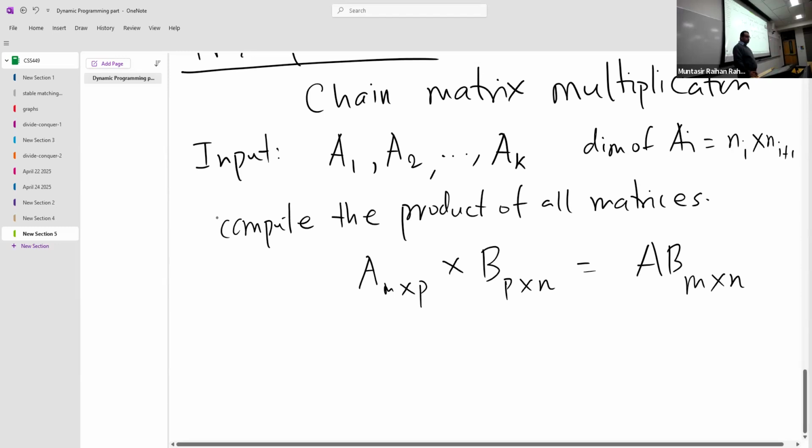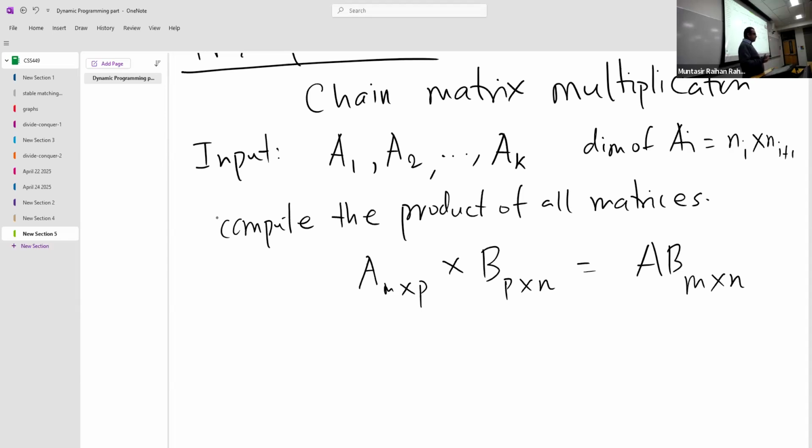Now for this problem we are going to assume that multiplying just two matrices, we are going to use a naive algorithm, right? What is the complexity of the naive algorithm? Multiply each element in A by each element in B, so it should be m by p times p by n.